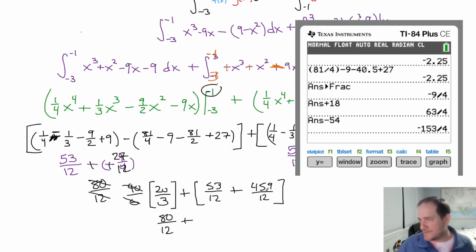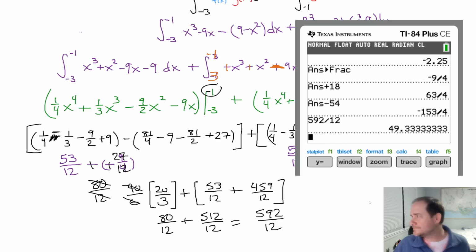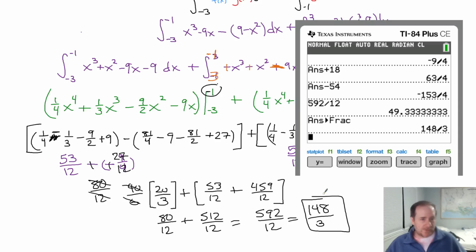And then we're going to add on, oh God, 512/12, which according to me is 592/12, which according to the calculator is that thing. 148/3. I think that is right. I think that is what I got. All right, so good. Maybe that's fine then.